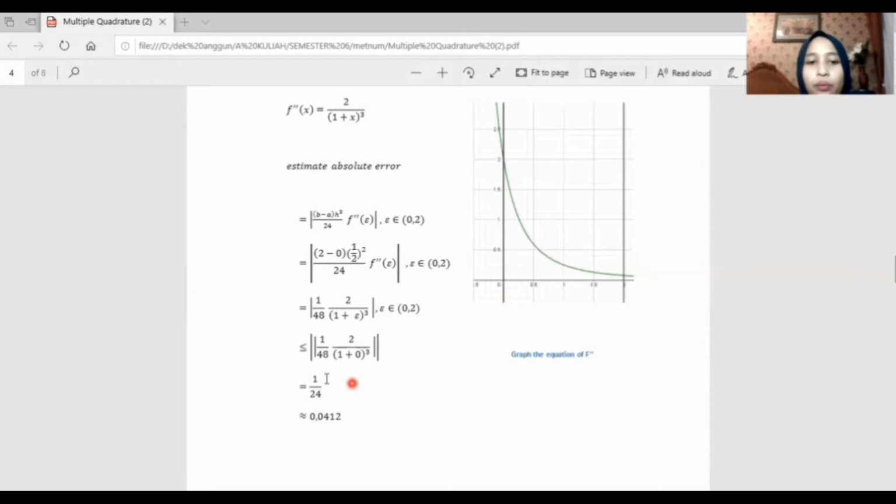So we get 1 over 24, which is almost 0.0412. Okay.